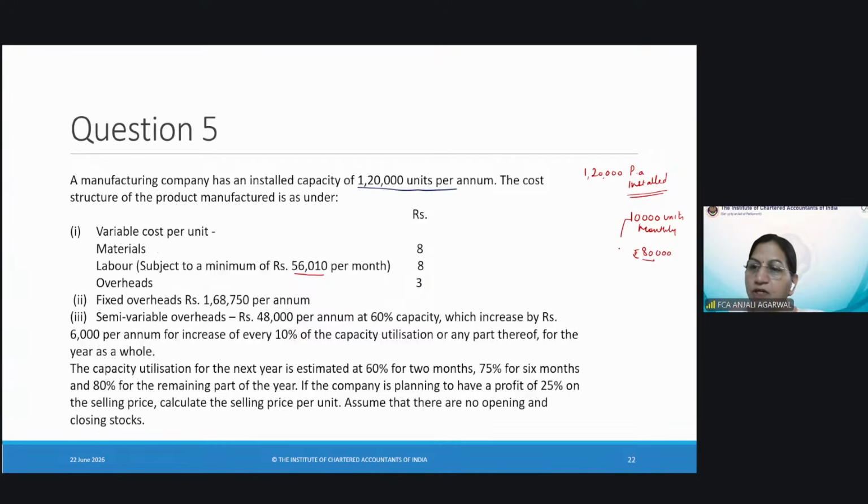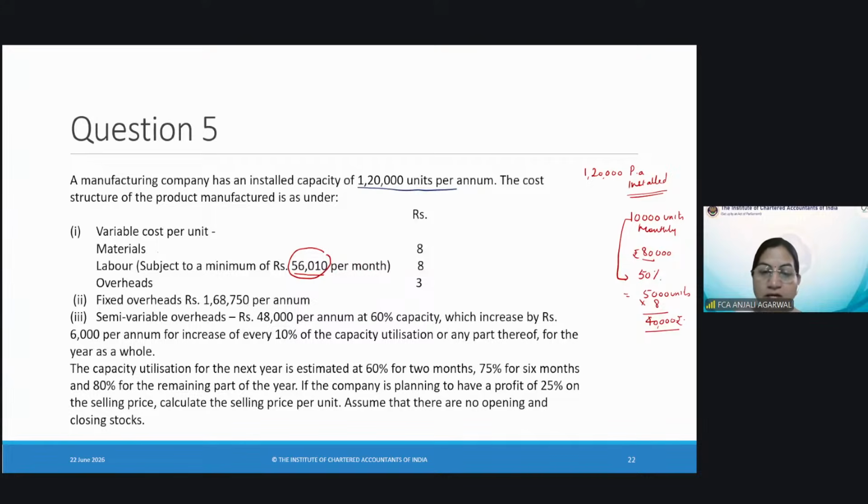But if let's say you did not operate at 100% capacity, you operated at only 50% capacity, you will end up making only 5,000 units monthly, and 5,000 into 8, your labor cost will come out to be 40,000. So will the labor cost then be 40,000 rupees? No. In that case, we will have to take the labor cost as 56010 because that is the minimum.